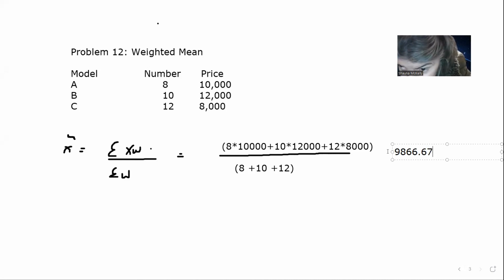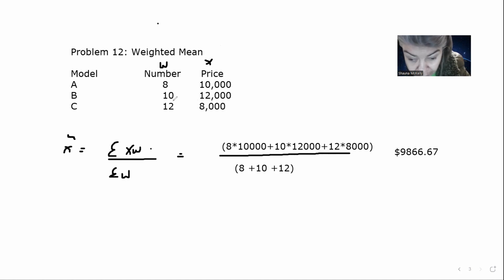And this is my weighted mean price. So here, my weight was here, and my X was here. Weighted mean of the price, so that was my X. So the other number was my weight. All right. That's how that went.